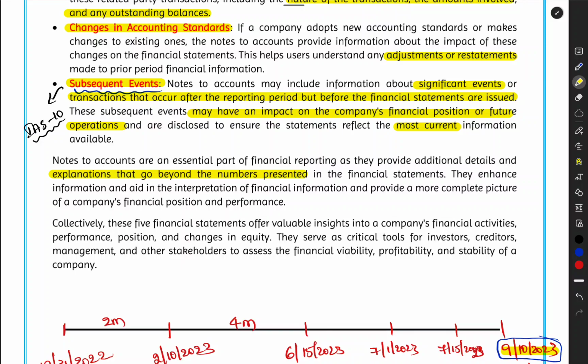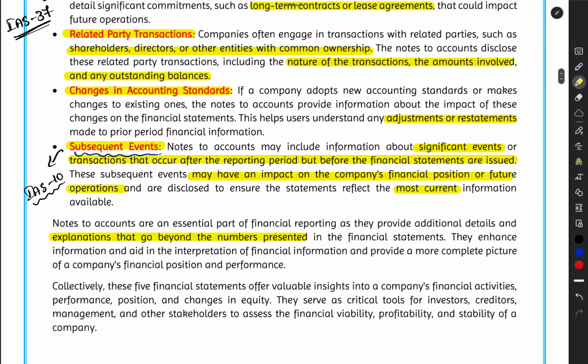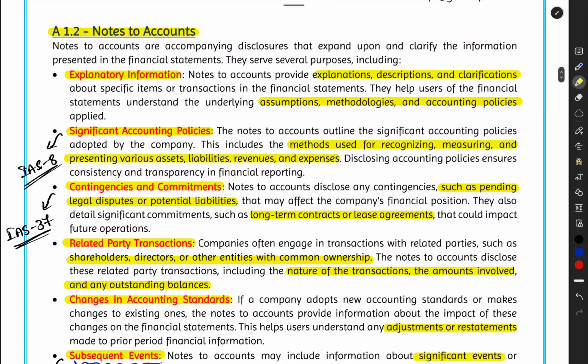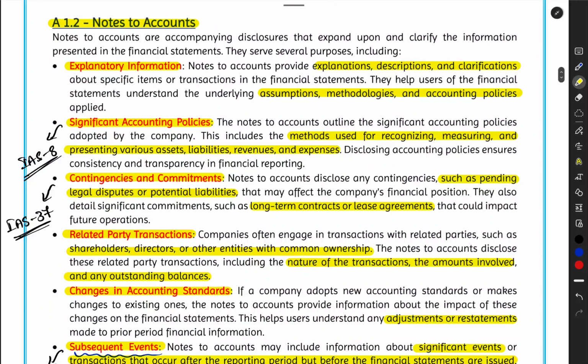The explanations in the notes to accounts go beyond the numbers presented. They don't just talk about the numbers, they go beyond the numbers. Why those numbers are presented, how those numbers are calculated, why those numbers are not changed. The reasons will be given in the notes to accounts, not in the P&L and balance sheet. So I hope you all understood the importance and the essence of notes to accounts.